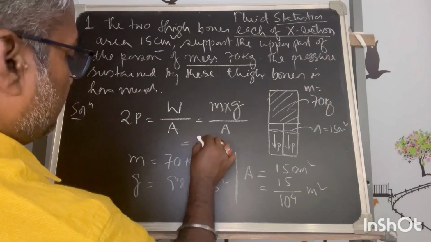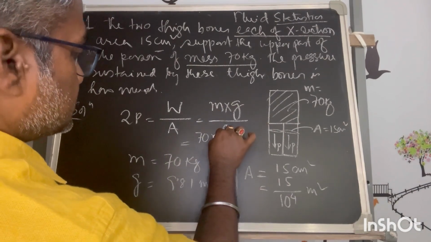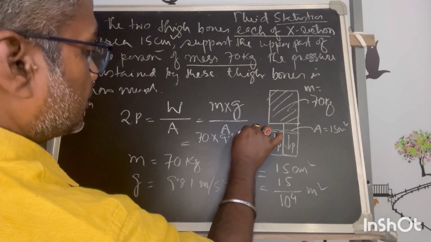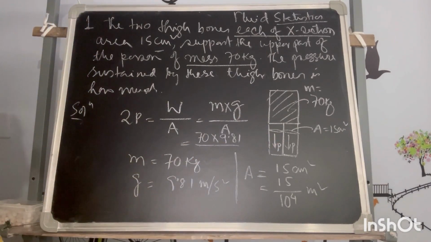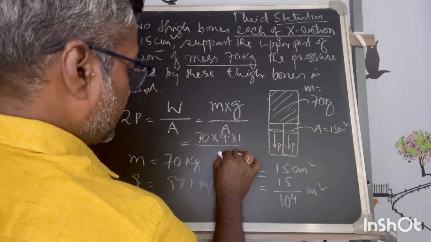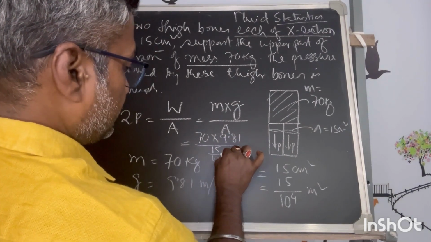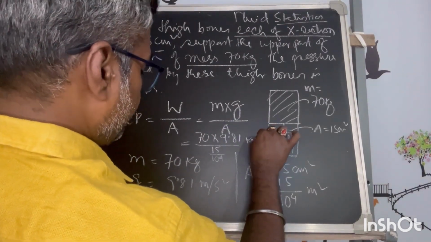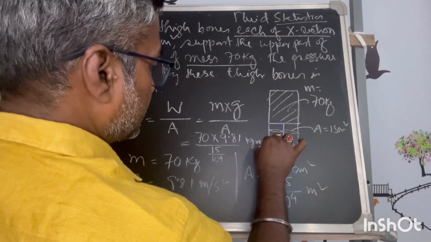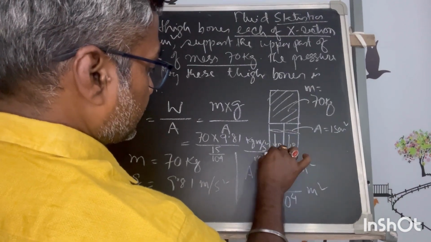Fine. Now all these values are known. If we put the values, M is 70, G is 9.81, and the area is 15 by 10 to the power 4. The units are kg, meter per second square, whole divided by meter square.